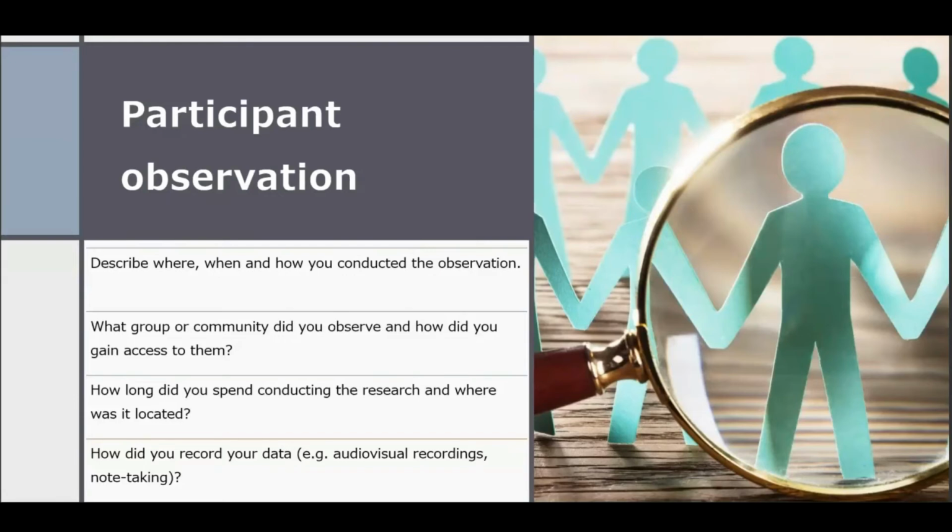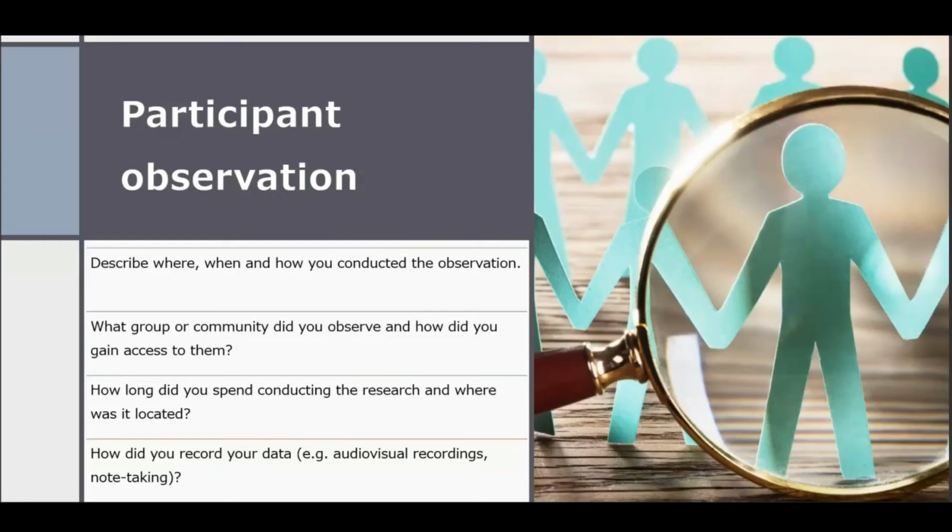Is it recorded by using, for example, a camera? Are you using note taking and so on? Is it a clear observation that everyone knows about, or do you use the method of hidden observation, where the people do not know that you are observing them? If you want to do a hidden one, you probably need to get some confirmations.